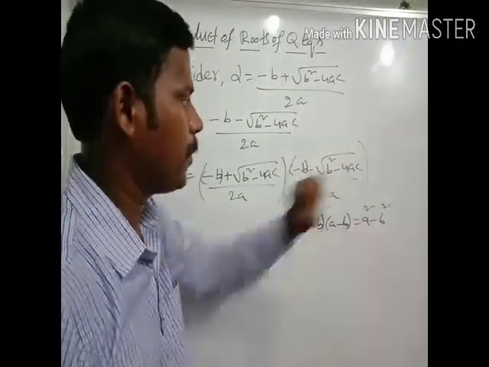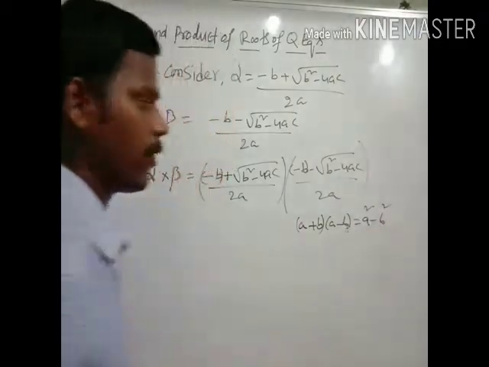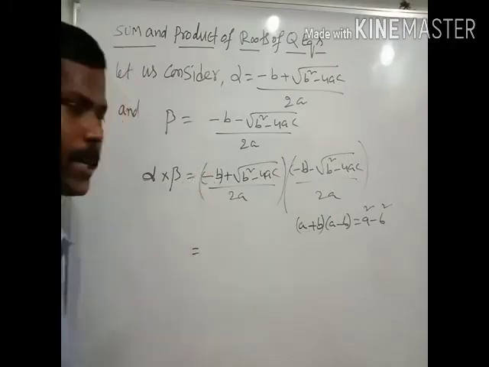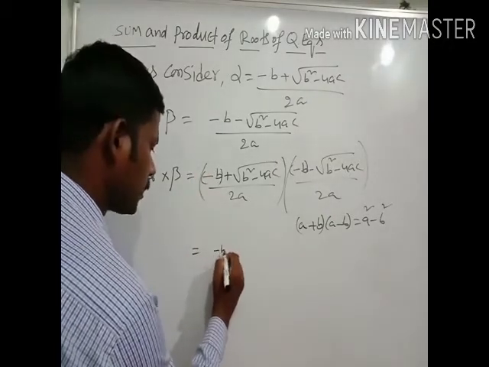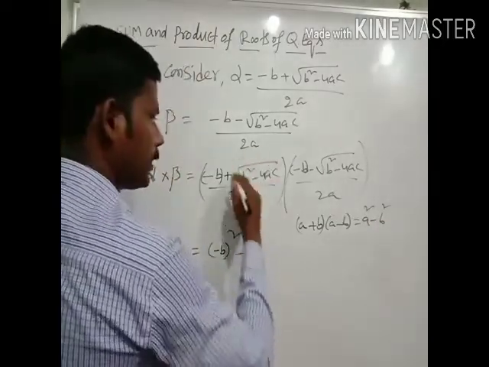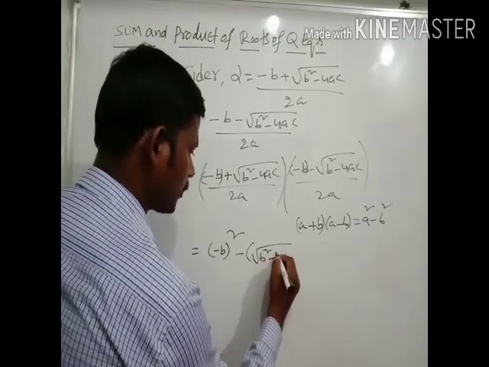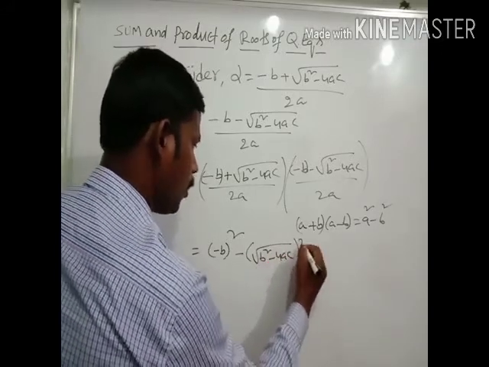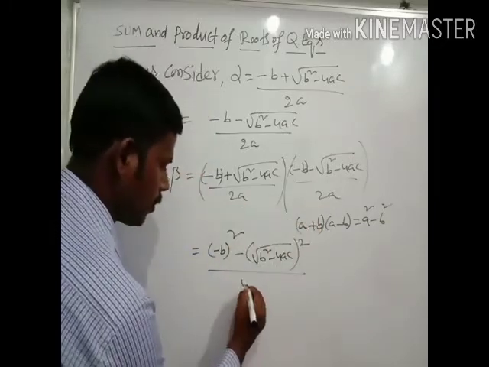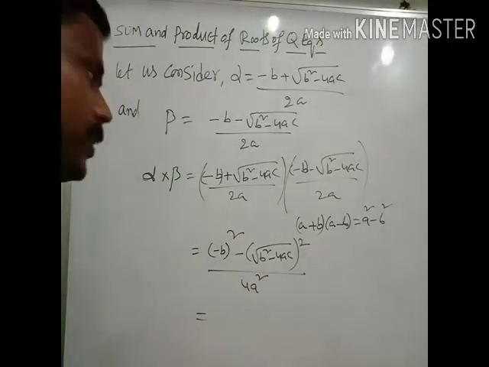Minus b, b plus square root of b square minus 4ac. According to the formula, a square minus b square. So minus b whole square minus square root of b square minus 4ac whole square, by 2a into 2a, how much children? 4a square. Understand? 2 twos are 4, a into a, a square.